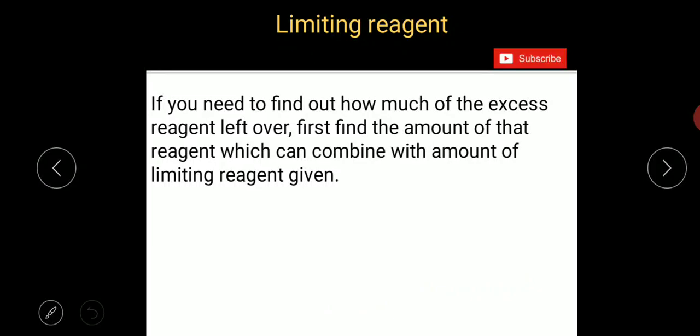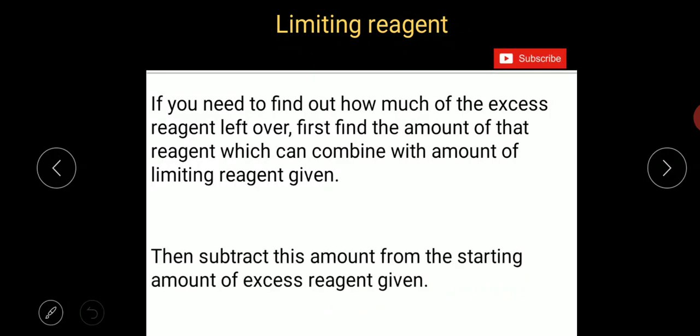To find that, we need to find the amount of the reagent which combines with the amount of limiting reagent given, and then subtract that amount from the starting amount of excess reagent given. Extra amount of reagent is given, and from that only a certain amount is involved in the reaction, so subtract that amount from the actual amount of excess reagent given.